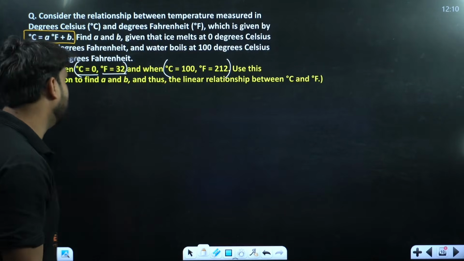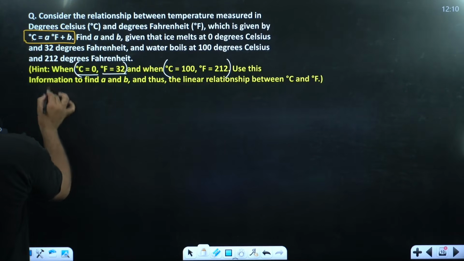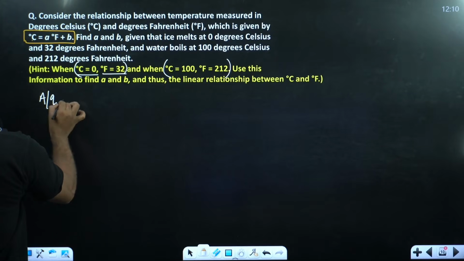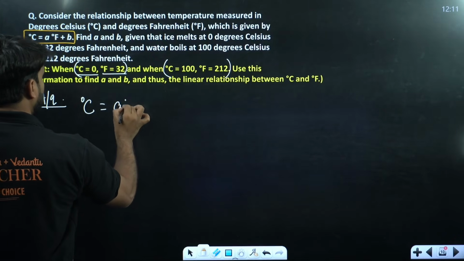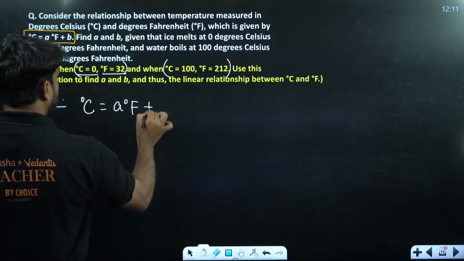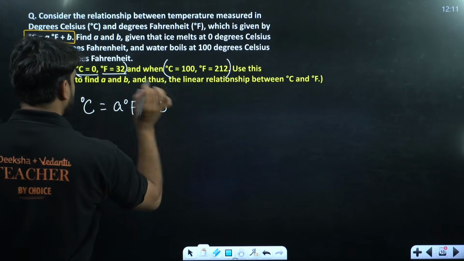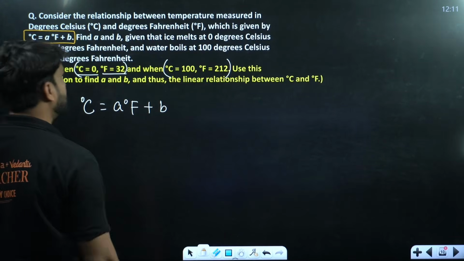So this is the relationship. According to the question, degree C is equal to A degree F plus B. Perfect. And we have to find the value of A and B.